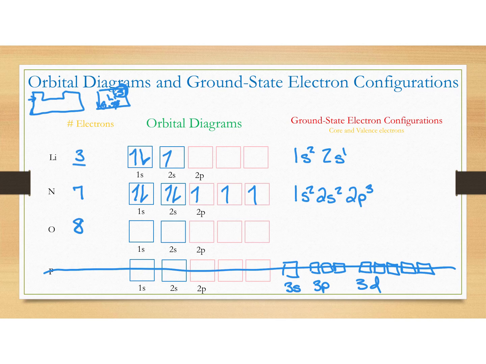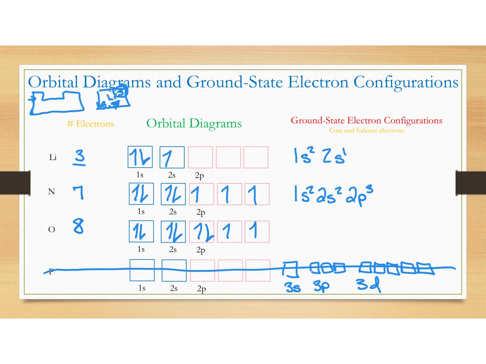Let's look at oxygen. Oxygen is number 8. I am going to count 8 electrons: 1, 2, 3, 4, 5, 6, 7, 8.